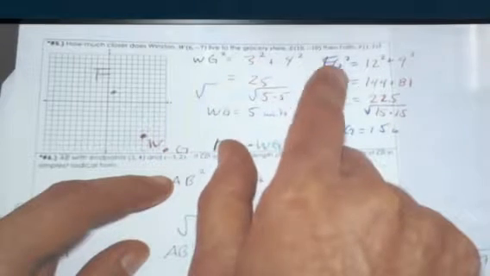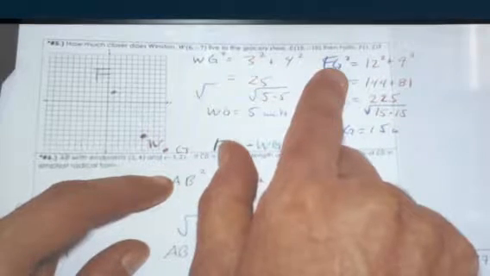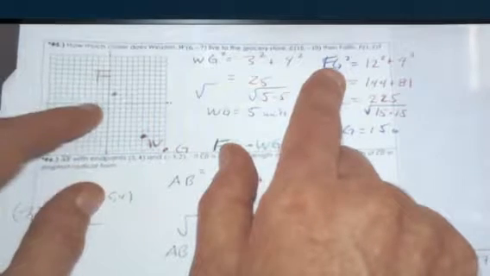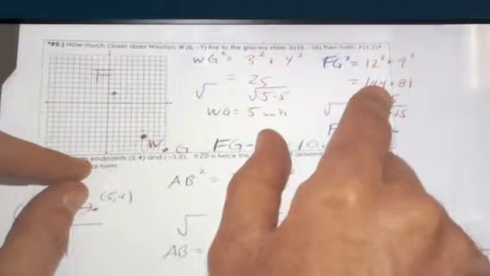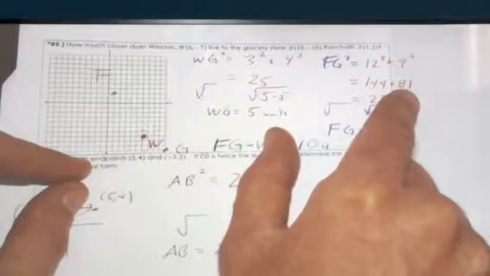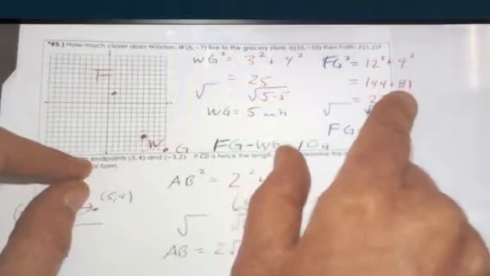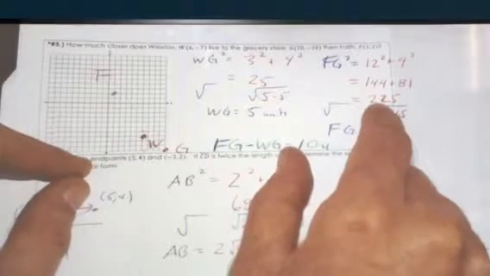Now we look at Faith's trip to the grocery store, and she would have to go down 12 units and right 9 units. So Faith to the grocery squared equals 12 squared plus 9 squared. This is 144, this is 81, and this comes out as a really nice number, 225.